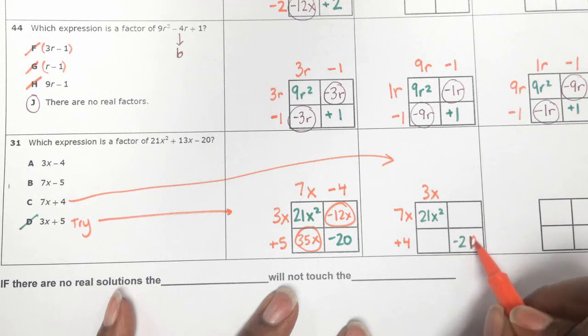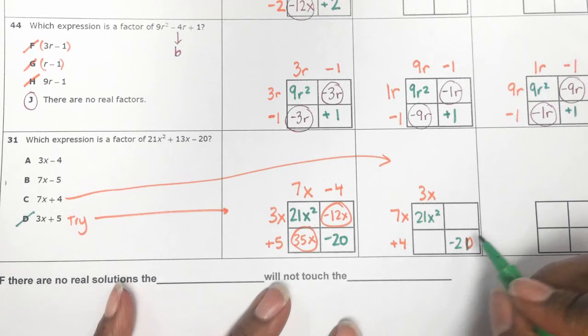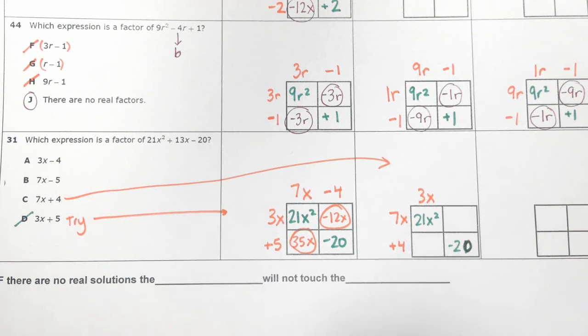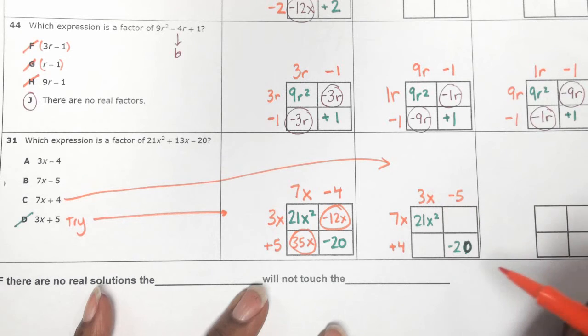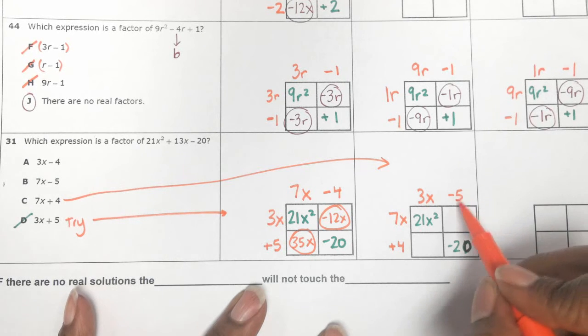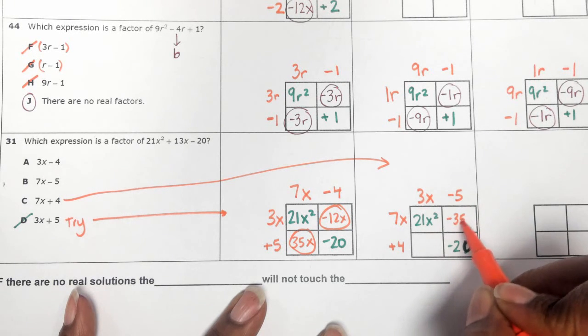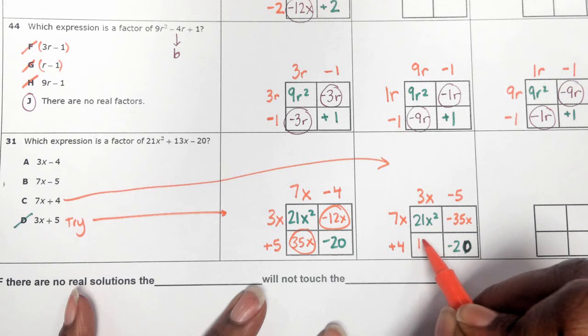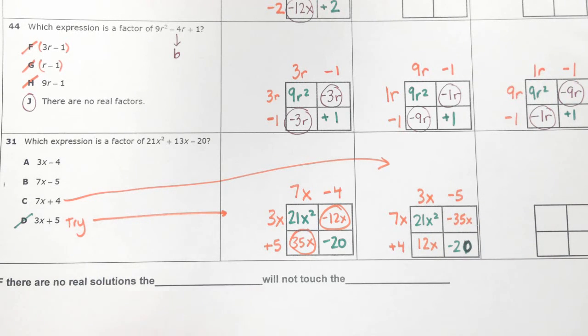I should not have put 21. I should have put a 20 because now I'm trying to move too fast. That's a 20. That's negative 5. This is going to be a negative 35, and this is going to be a 12x. That's not the answer either. I must have totally forgot the answer for this one.